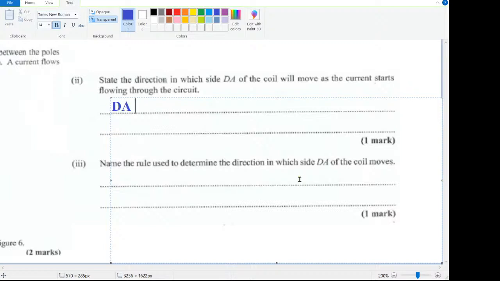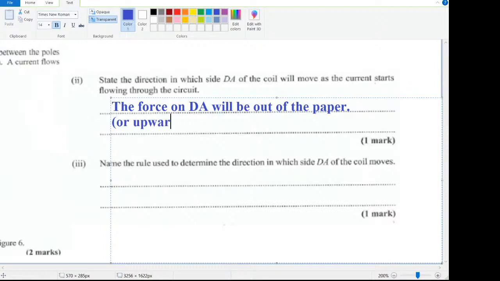The force on DA will be out of the paper or upwards, I guess, if you're viewing it from the top, or if you imagine the current going into the paper.